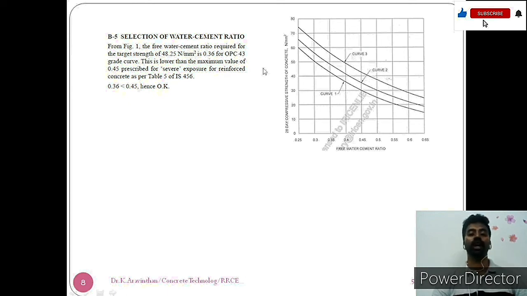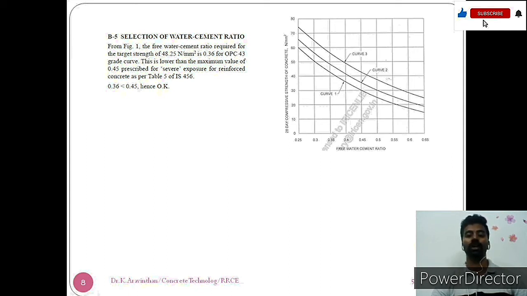Right now we are having OPC 43 grade, that is why we will be using the second curve to identify the free water cement ratio. If we draw a straight line along the graph, we will be getting nearly 0.36.